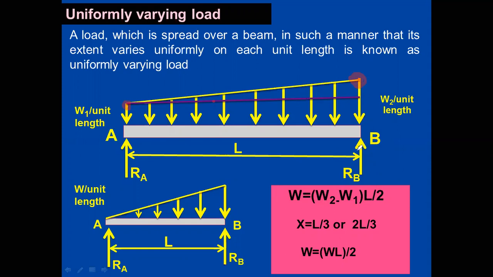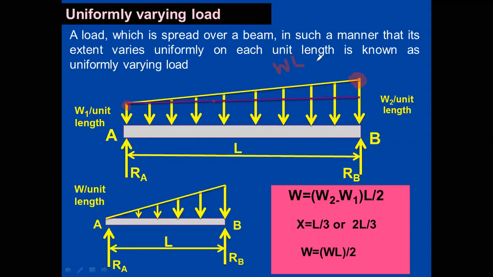In the uniformly distributed load, we took intensity into L. Here it is W2 minus W1 into L, divided by 2. Then we get a point load, that is, a concentrated load.